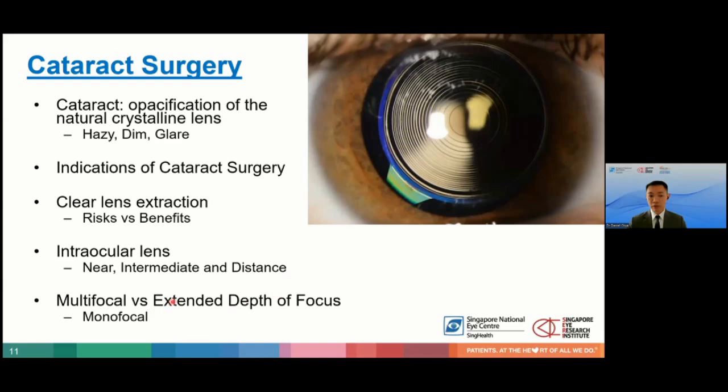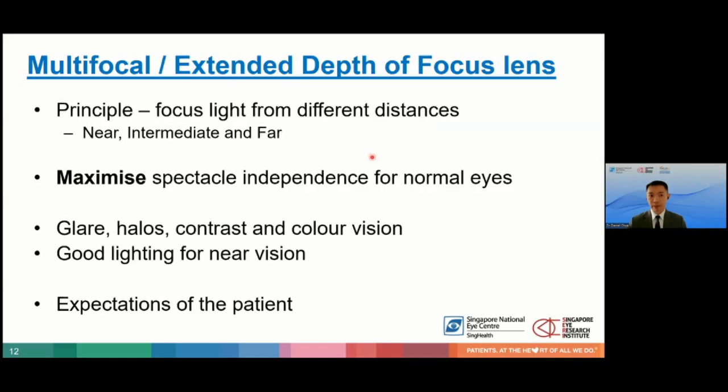So in the multifocal or extended depth of focus lens, as you can see here, how it works is that it uses different zones, which is reflected in the rings around here, to basically split the light. So we basically focus the light from different distances, from near, intermediate, and far.